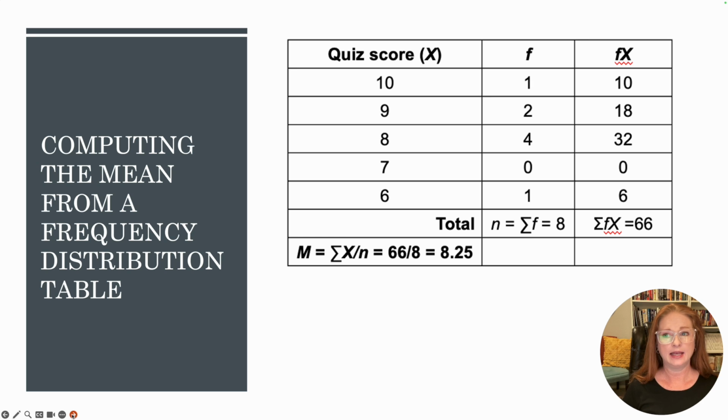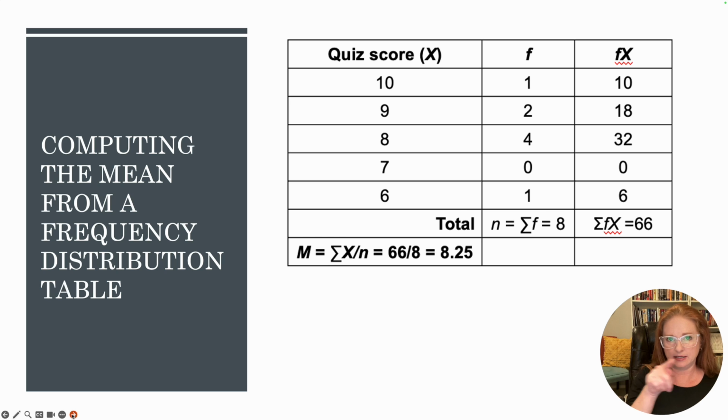Okay. f times x, or fx. Anytime letters are slammed next to each other, you just multiply. So for fx, 1 times 10 is 10, 2 times 9 is 18, 4 times 8 is 32, 0 times 7 is 0, 1 times 6 is 6.